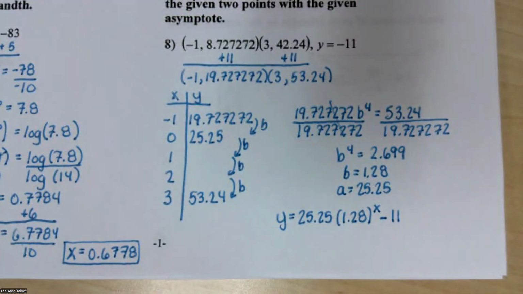And there's the final answer. Do you guys all know that if you need to go backwards to zero, that you divide to go backwards up the table and multiply to go down the coefficient?